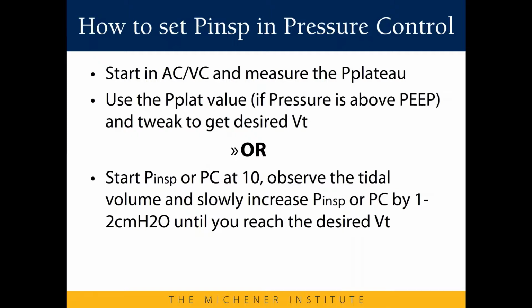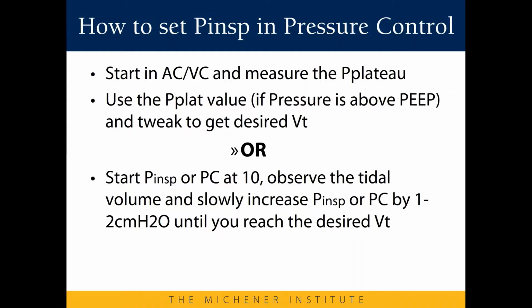We can then take that plateau pressure and set that as our inspiratory pressure on the ventilator, our pressure control inspiratory pressure. And then it should give you a close value for the tidal volume that you desire. You just may need to tweak the inspiratory pressure up or down by 1 or 2 centimeters of water to get the specific volume you desire.